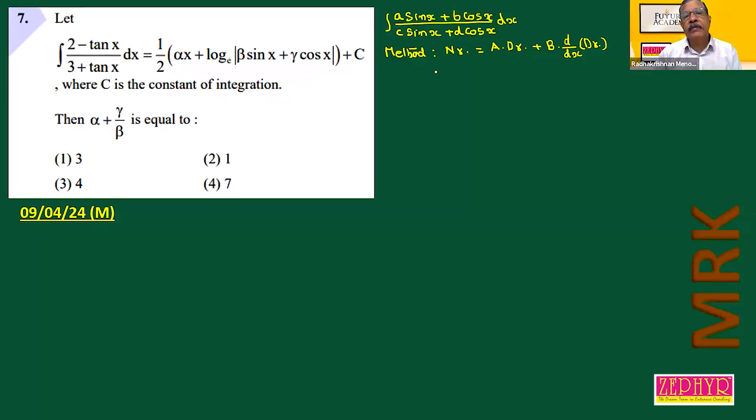That is, the numerator a sin x plus b cos x is equal to a into the denominator, a into c sin x plus d cos x, plus b into d by dx of the denominator, c sin x plus d cos x. Okay, this is the method.